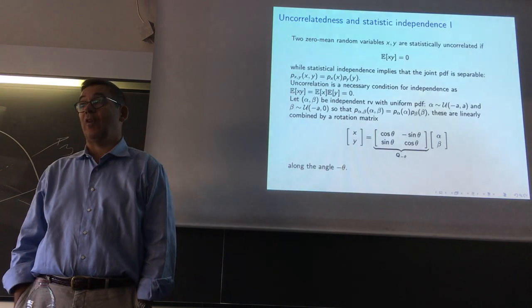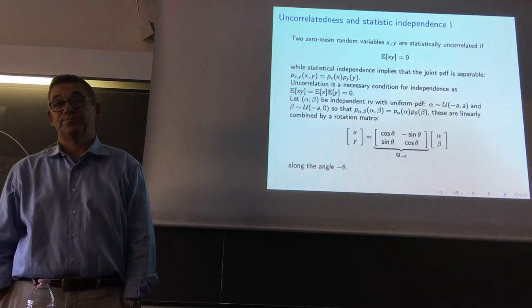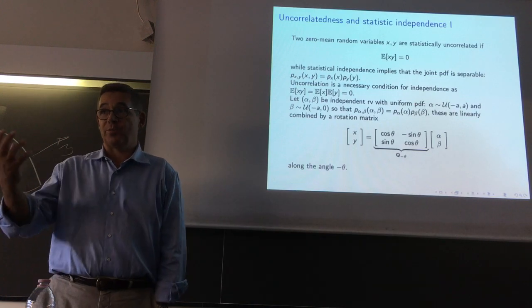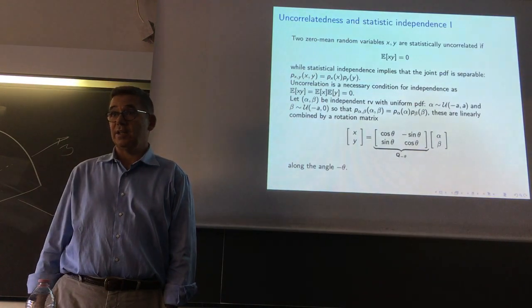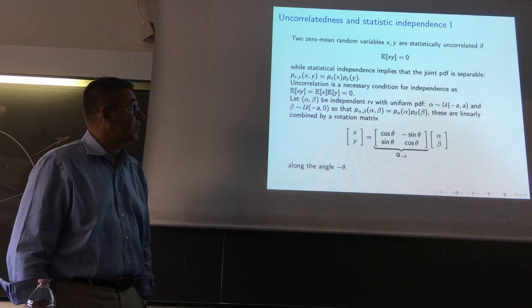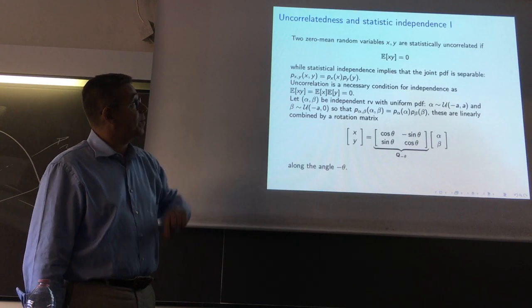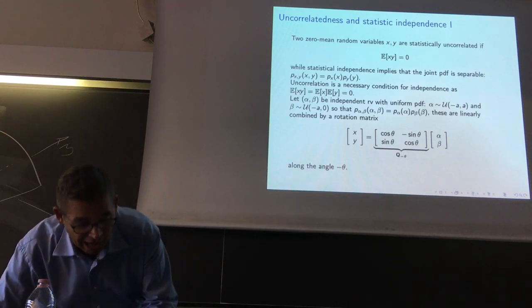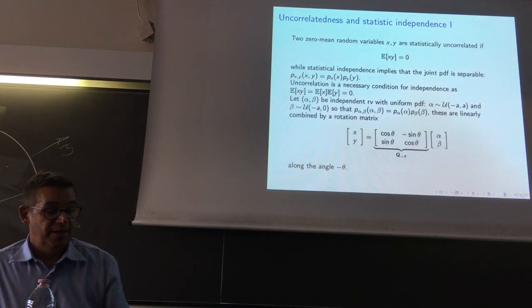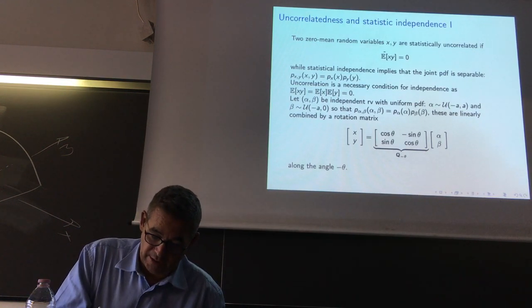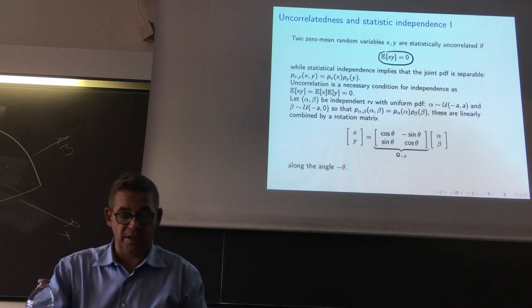Now, sometimes we have two random variables that are uncorrelated. Uncorrelated is not a powerful property. Uncorrelated happens quite often. So now suppose that two random variables are uncorrelated. That means that the expectation is equal to 0.